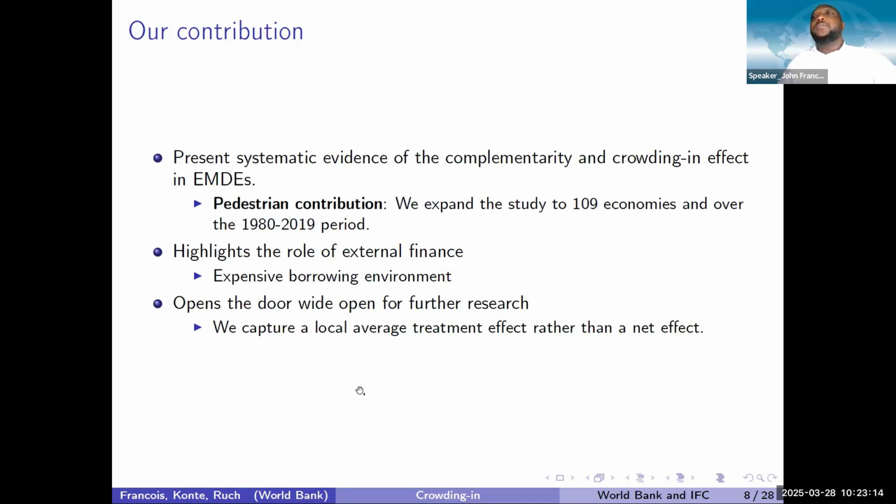And the work also points to the important role of external finance, partly because of the factors that I had mentioned earlier, right? For a lot of developing countries, borrowing to finance public investment can be very expensive.